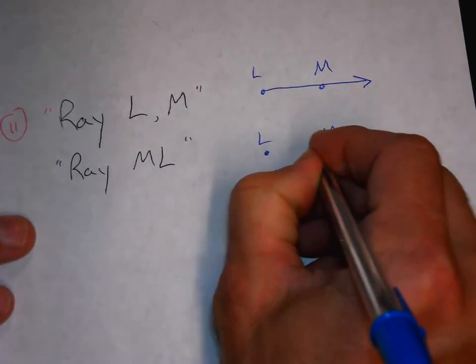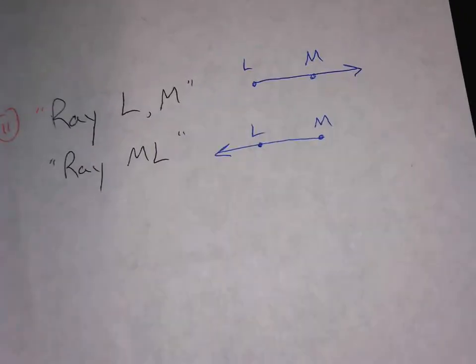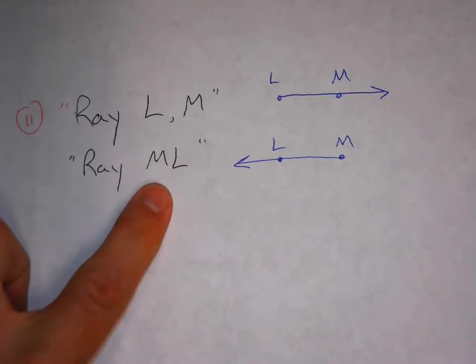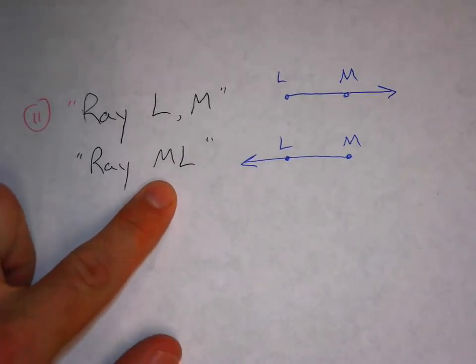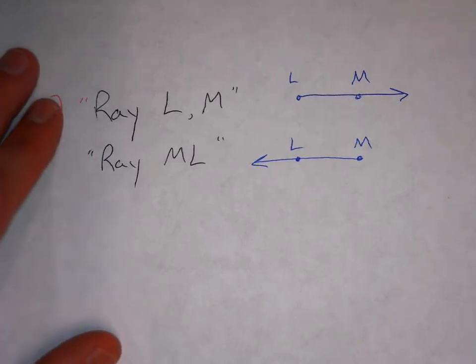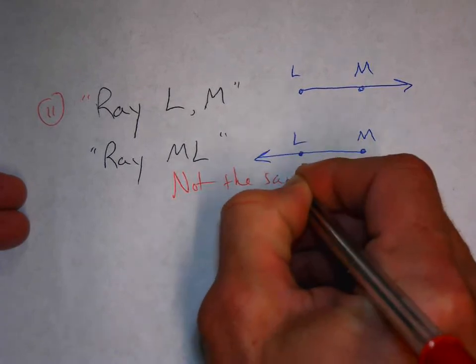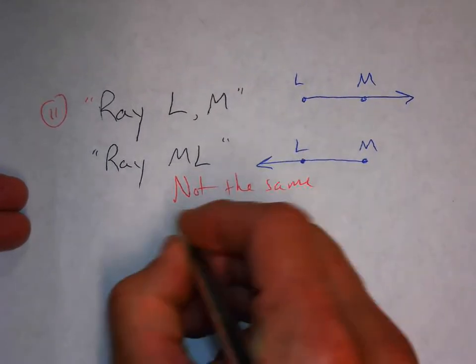So this is ML, it's going to go this way. There's no other way to draw Ray ML. So they are totally not the same ray. And if they're not the same, that statement is false.